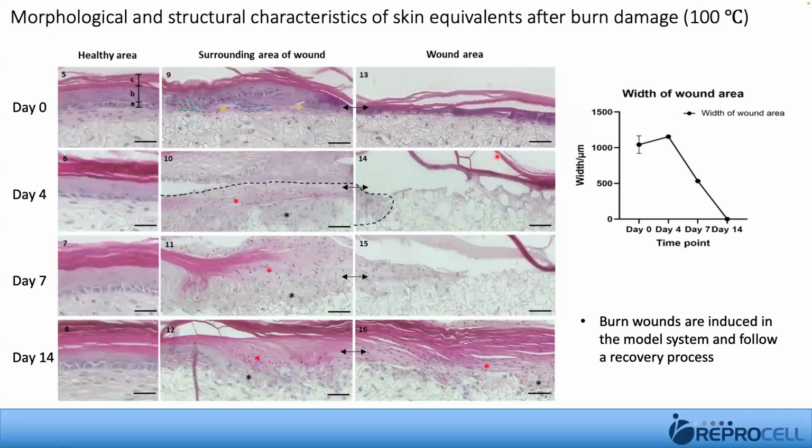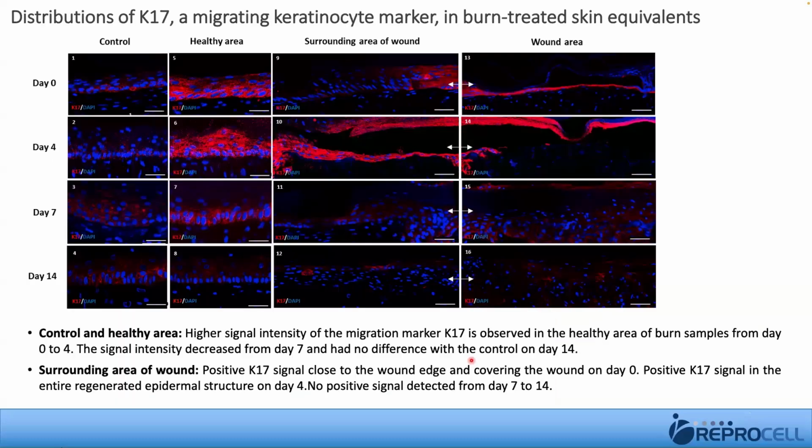In the wound area of the burn, you'll see that the cells die off. Then over time, the adjacent area surrounding the wound, the cells begin to migrate into this space as the model heals itself. And you can see nice examples of, for example, here keratin 14 expression being driven and increasing as the cells migrate into that space.